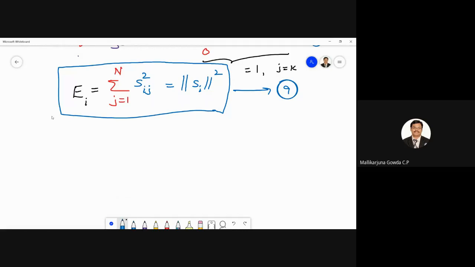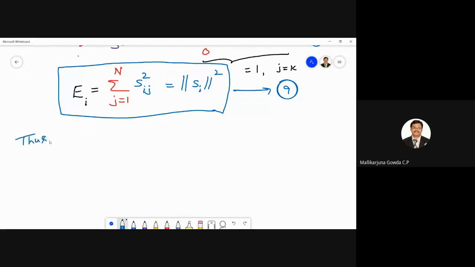You consider two vectors, one is Si of t and one is Sk of t. Then interchange the order of summation and integration. Then based on the orthonormal property, we can write Ei is equal to summation j is 1 to n s squared ij, which is equal to the squared length of the signal vector.